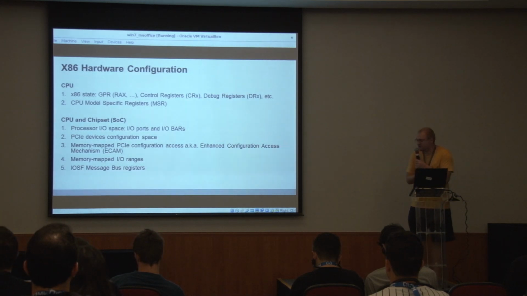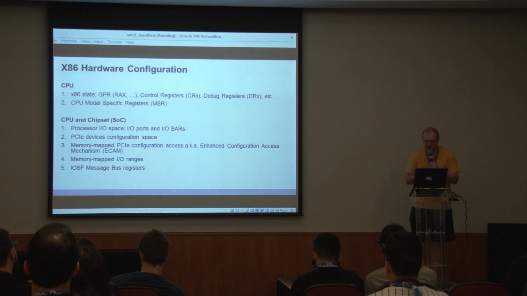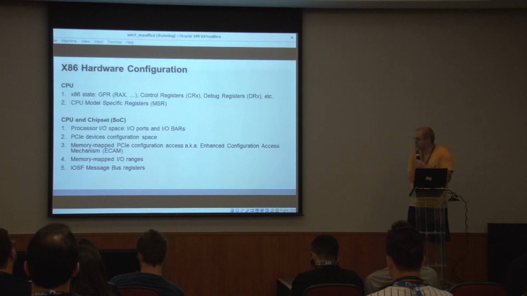From the SoC perspective, there are a bunch of interfaces: I/O, PCIe, and so on. One of the interesting ones for us today will be memory mapped I/O, the MMIO interface. It's basically the interface which allows talking to PCIe devices through memory. So every transaction to the MMIO of a device goes directly to the device through the memory controller and PCH.